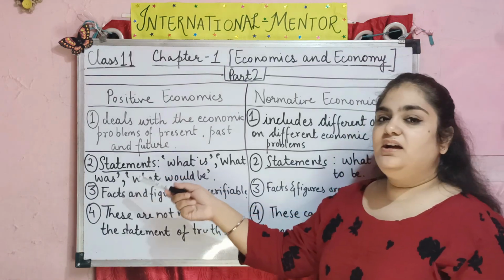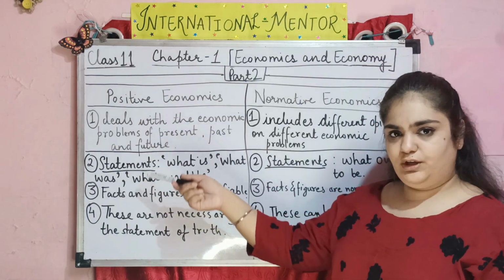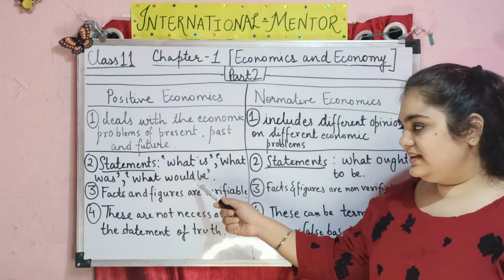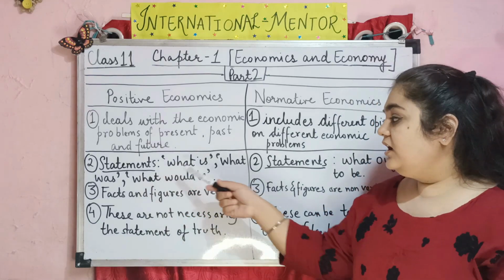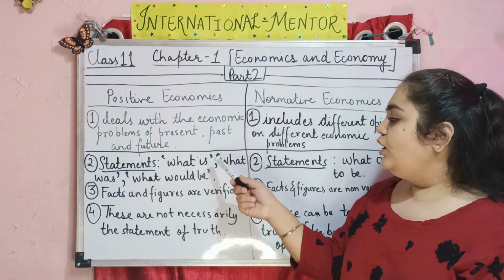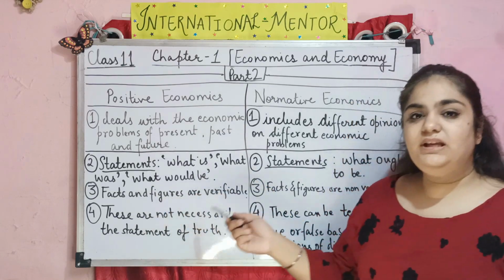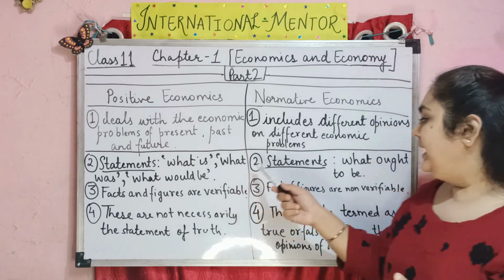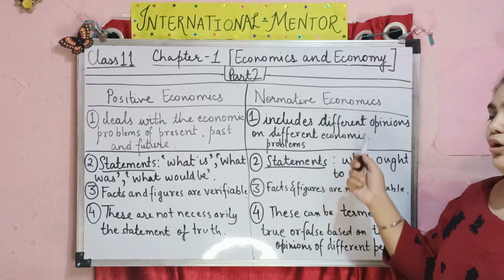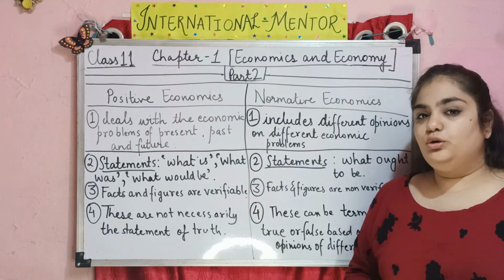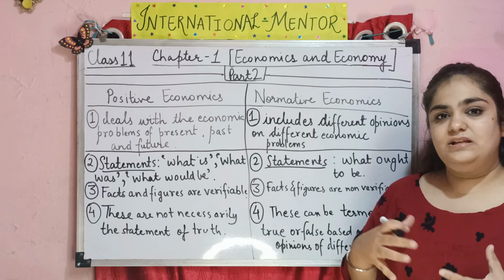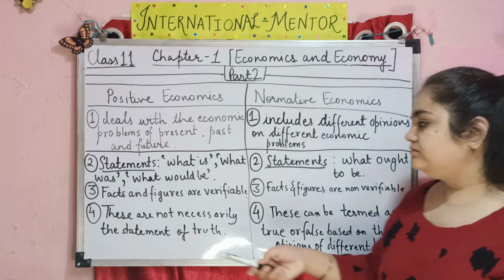Second point, the statements in positive economics are what is, what was, what is for the present, what was for the past, and what would be for the future. But the statements in normative economics are just what ought to be, and depend on the situation.